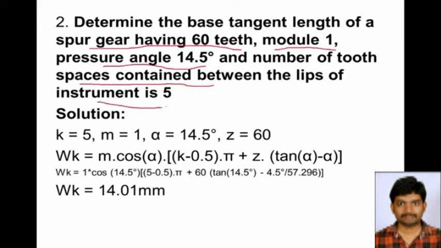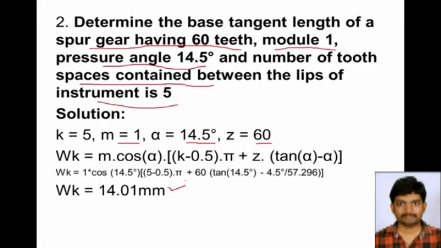Now the given data is k equals 5, m equals 1, alpha equals 14.5 degrees and z equals 60. So Wk equals m cos alpha into the formula. By substituting these values in this formula, we get 14.01 mm.